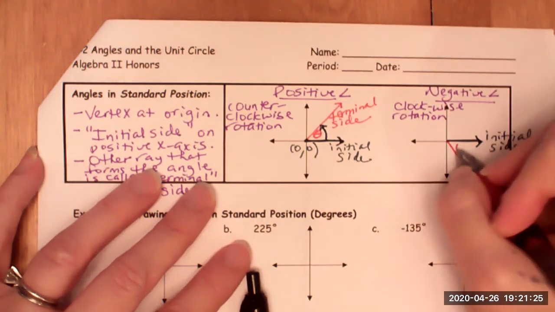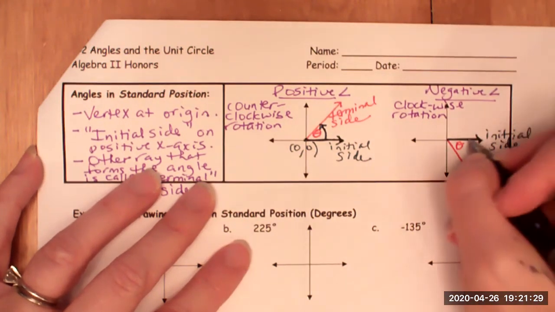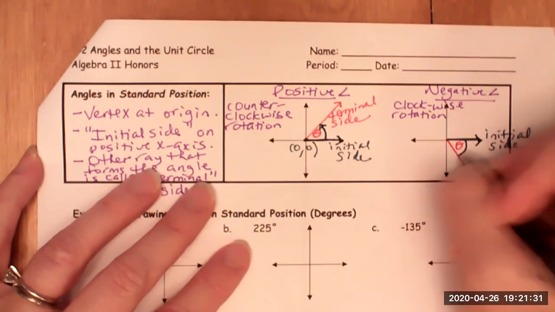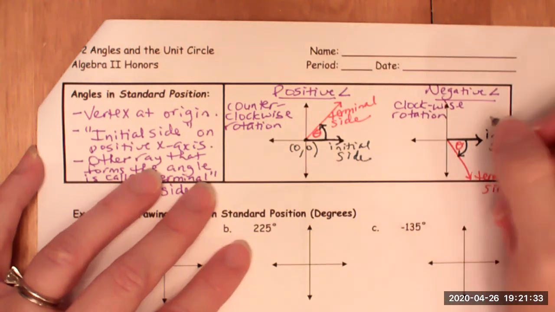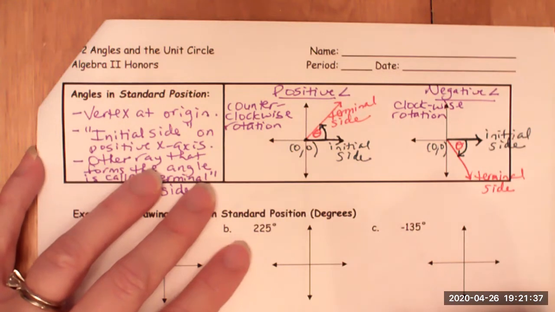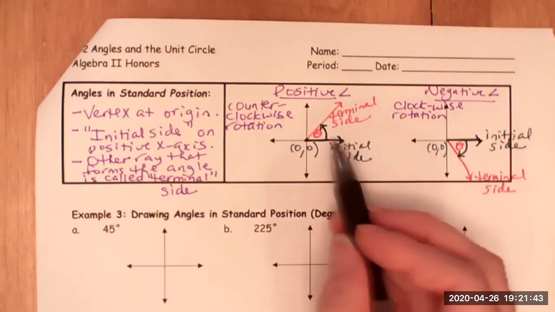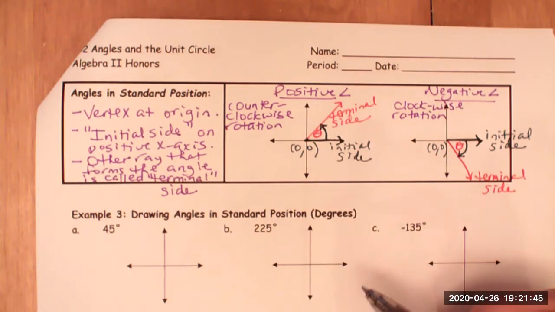Here's the angle theta, and we rotate in a clockwise direction with the vertex at 0, 0. So those would be examples of angles in standard position with no specific degree or radian measure.